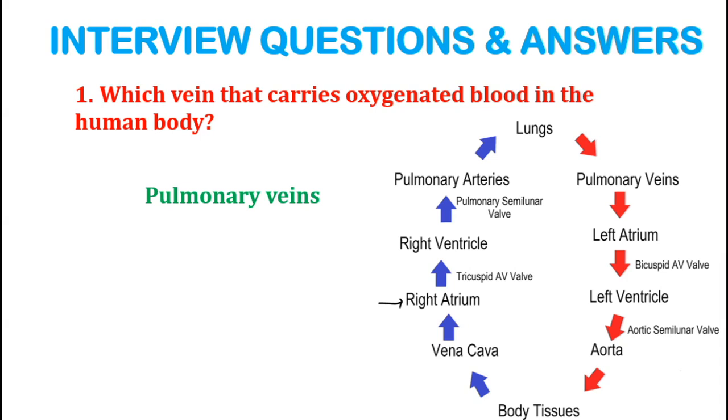From the right atrium, the deoxygenated blood enters into the right ventricle through the tricuspid valve. From the right ventricle, the deoxygenated blood enters into the lungs through the pulmonary arteries. Here in the lungs, the blood gets oxygenated.